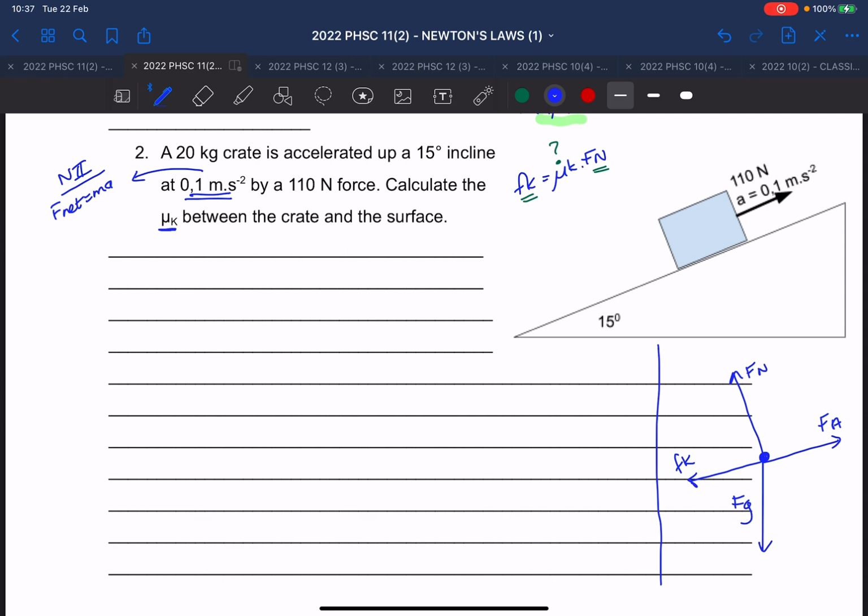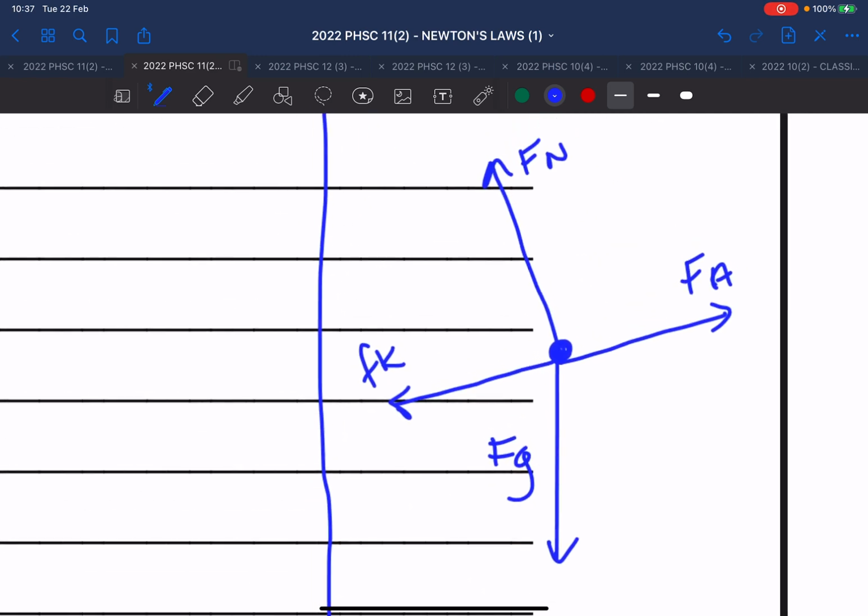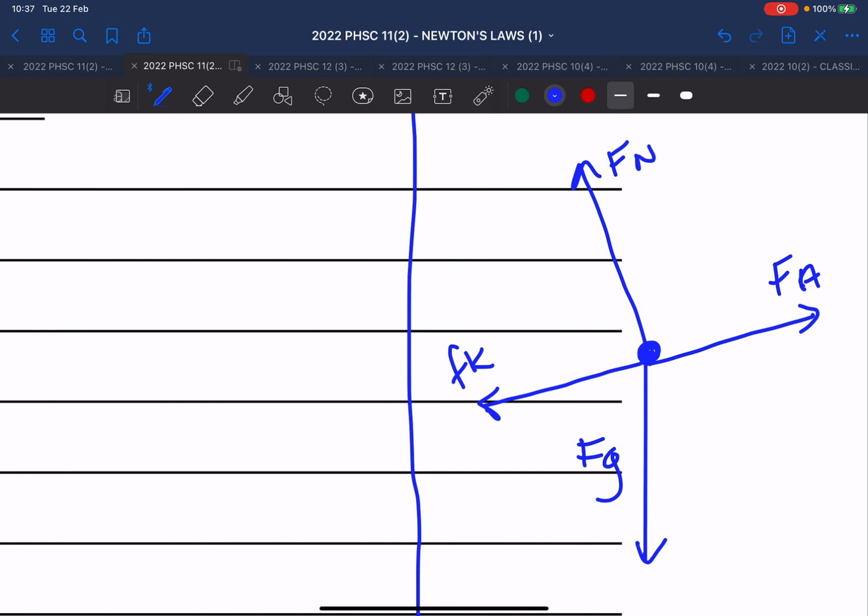Bokyo, are you going to leave it there? No. What are you going to do? Which one in its rectangular components? Gravitational force.